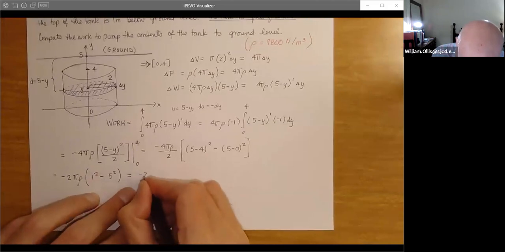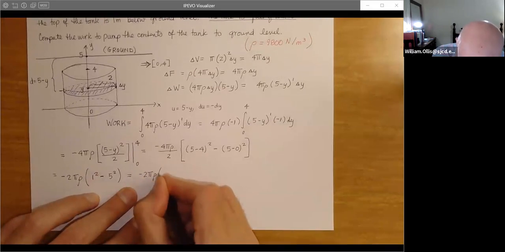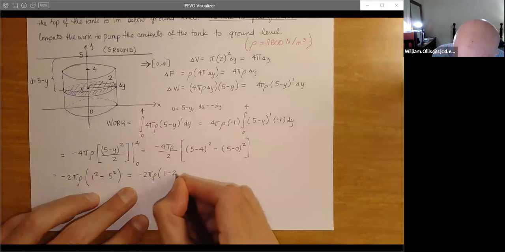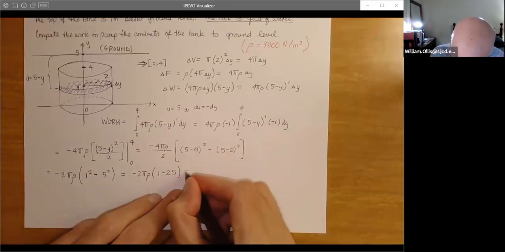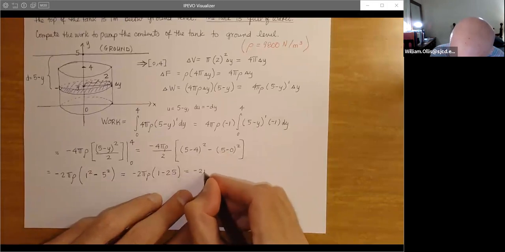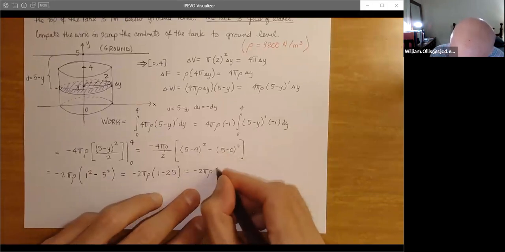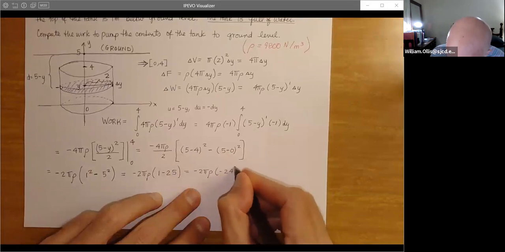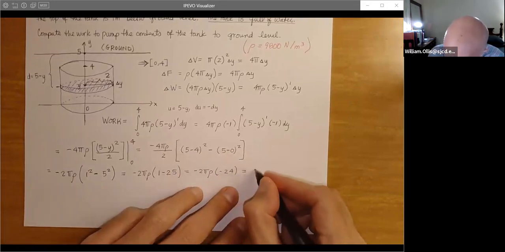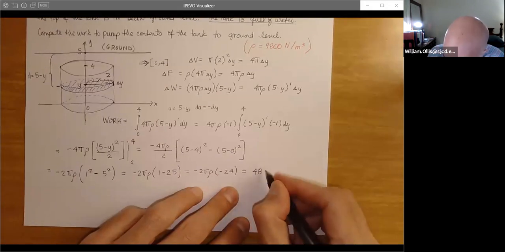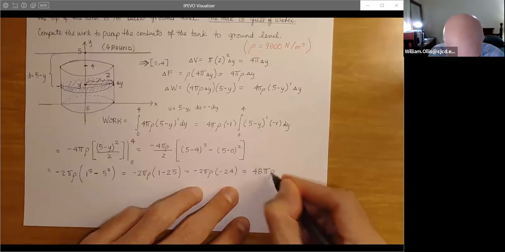So this is a negative 2 pi rho times 1 minus 25, and of course, this will give us a negative 24. So we have negative 2 pi rho times a negative 24. And then, of course, the negatives will absorb, and that'll give us 48 pi times rho.